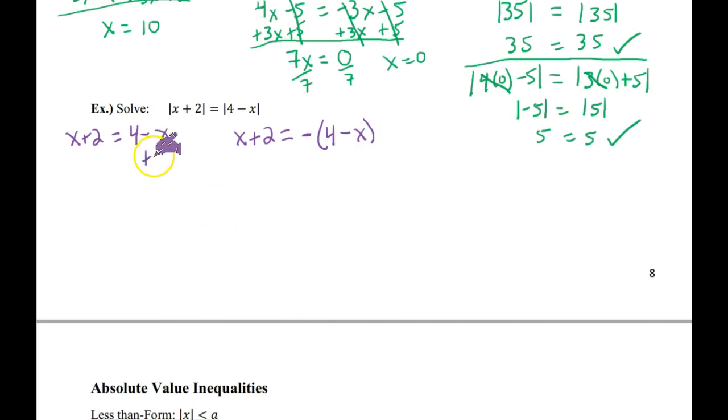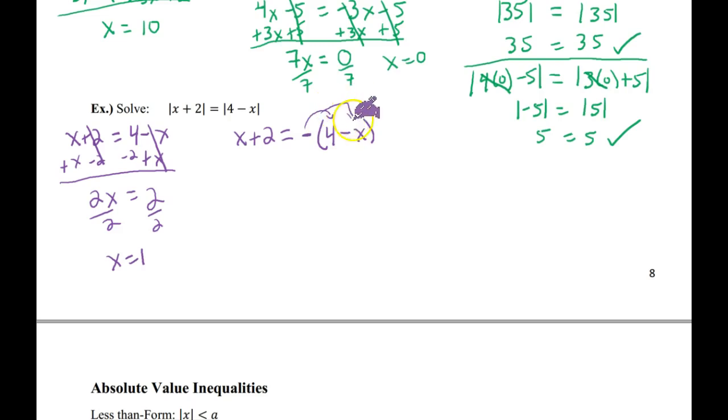And I have to solve these two equations. Over here I will add x to both sides and subtract 2. x plus x is 2x. That's 0. 4 minus 2 is 2. Divide by 2, and x equals 1. On the right-hand side here, I'm going to distribute through that negative, and I get negative 4 plus x.